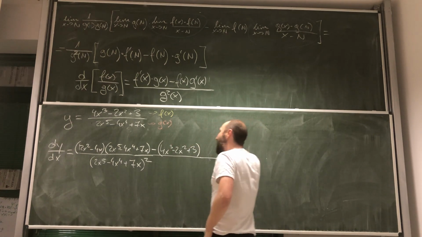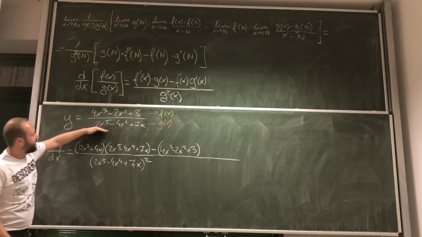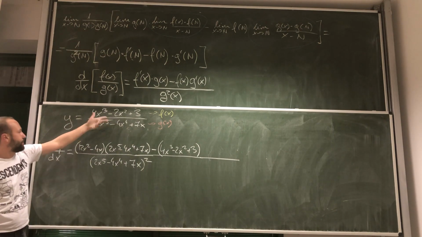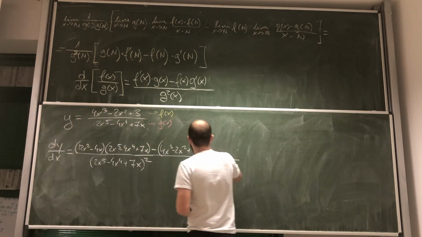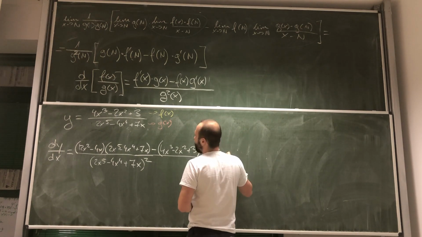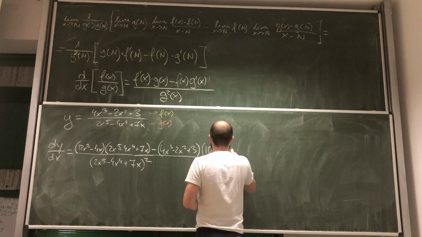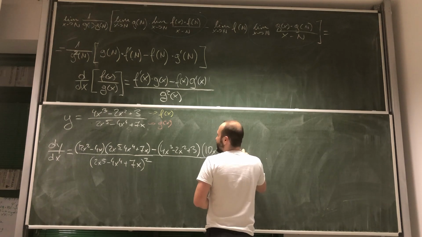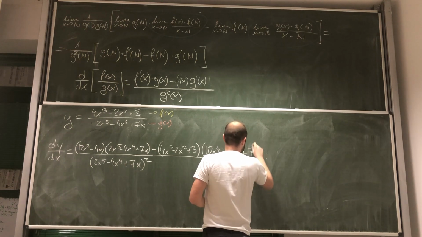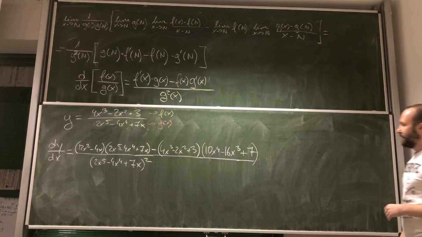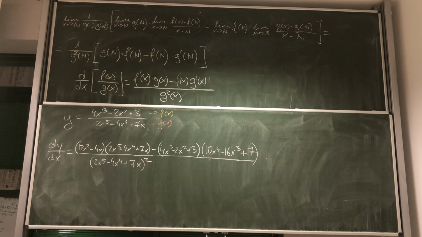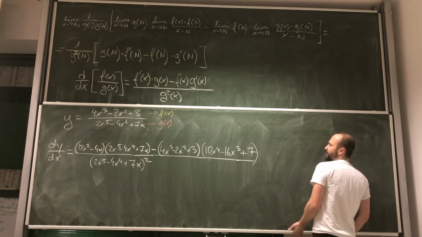And then I calculate the derivative of the function in the denominator. So I get 10x to the power of 4 minus 12x to the power of 3 plus 7. And it's done.